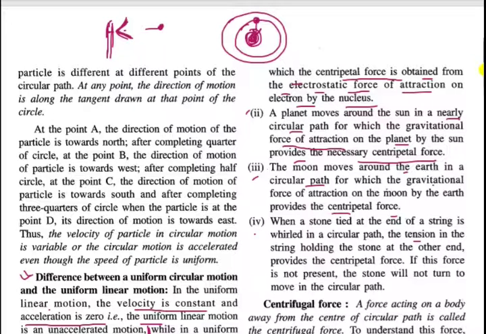So the string holding the stone at the other end provides the centripetal force. If this force is not present, the stone will not move in the circular path. The tensional force is acting towards the center of the path. Otherwise, the stone will go away from the path.